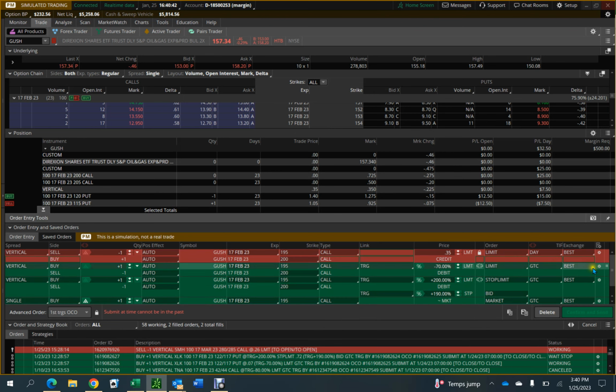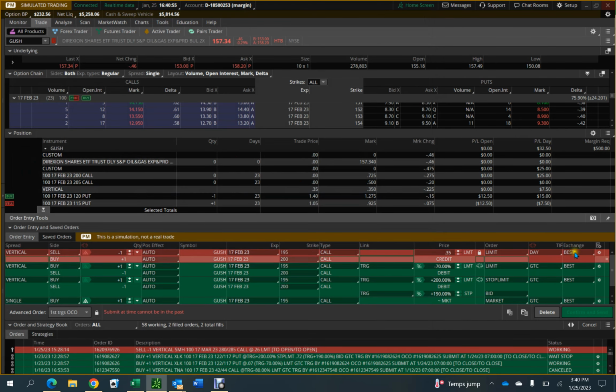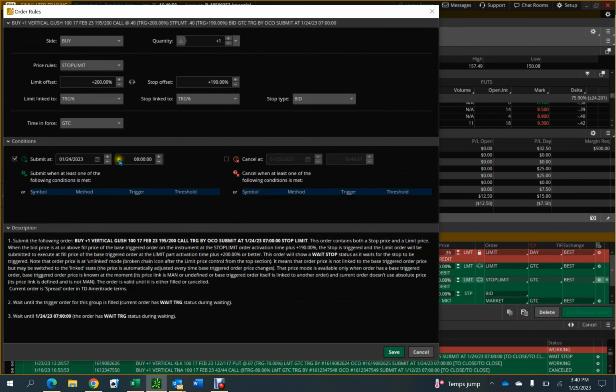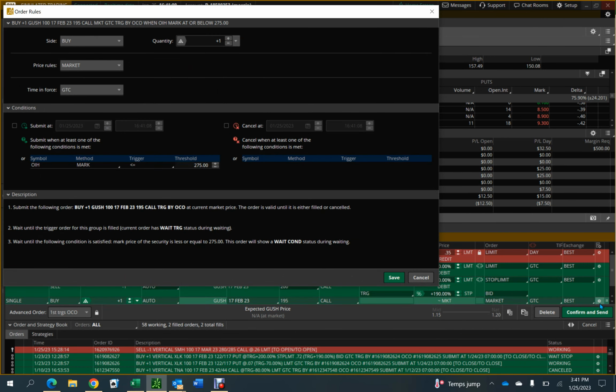The first one is we're going to go here to profit capture. And again, we assume that the sell order fills tomorrow, so we're going to set it up for the day after tomorrow to submit this. Same thing with the stop limit order. We'll do that. And then the in the money exit strategy.